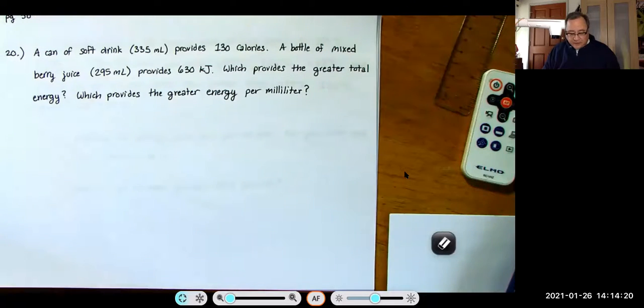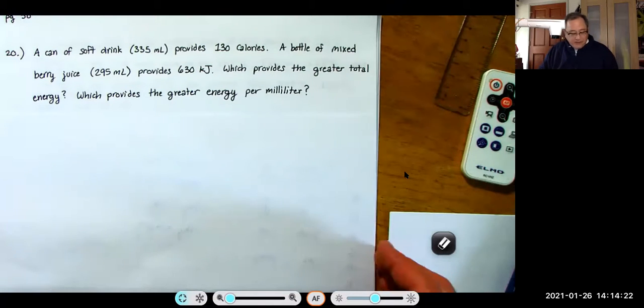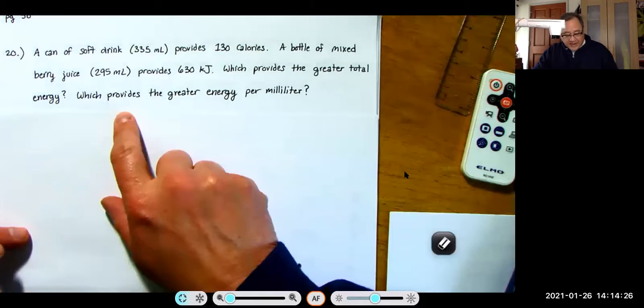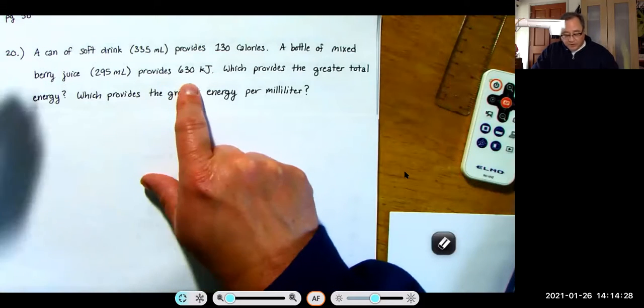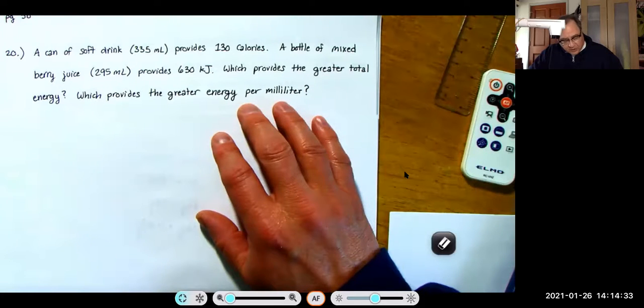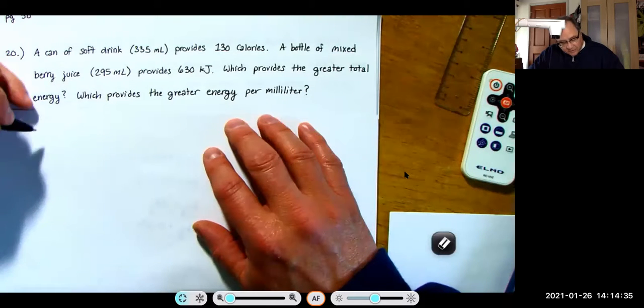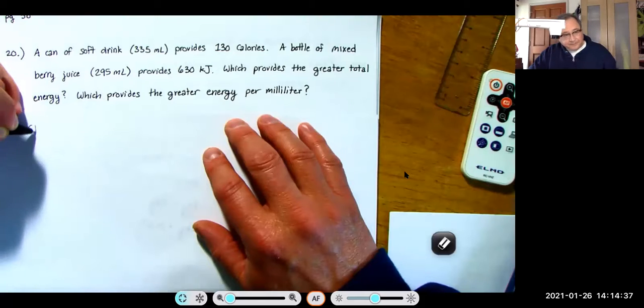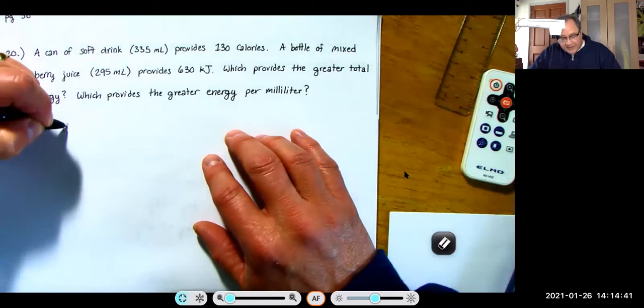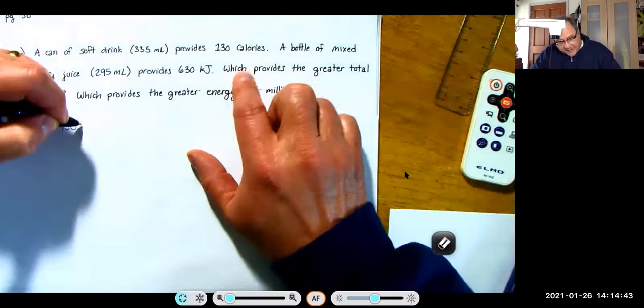A can of soft drink provides 130 calories. A bottle of mixed berry juice is 298 milliliters and has 630 kilojoules. Which provides the greater total energy? Okay, so here for the soft drink, we've got 130 calories. So I'm going to say kcals.